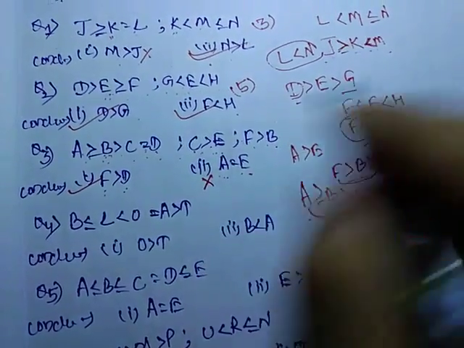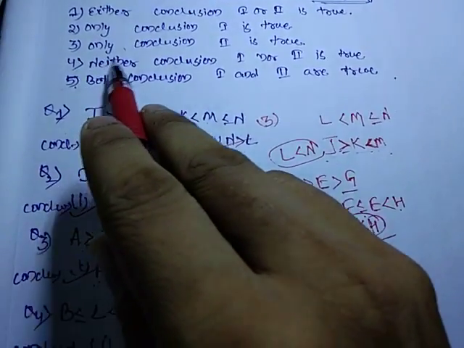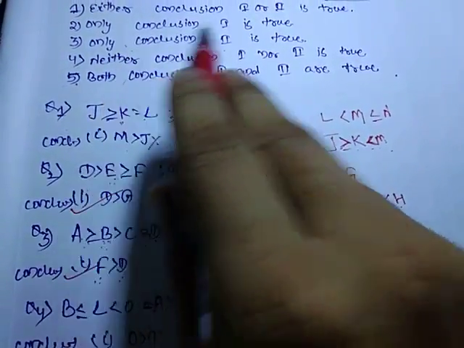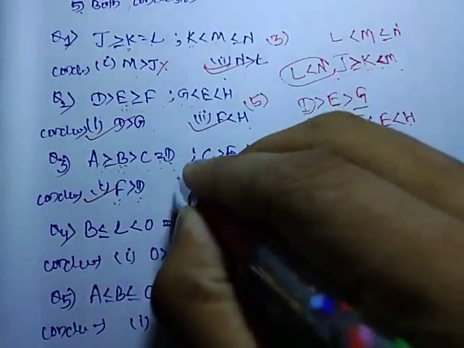The conclusion is false. So from the given options, only conclusion one is true. That means option 2 is the answer.